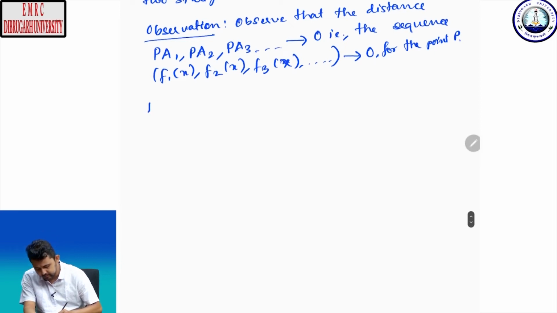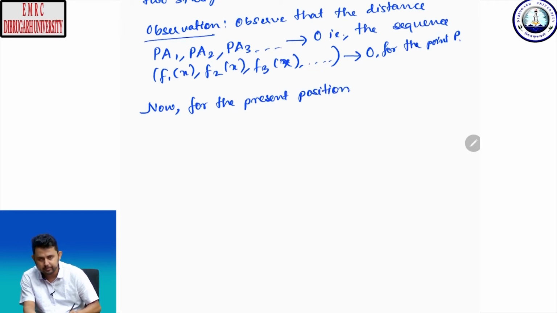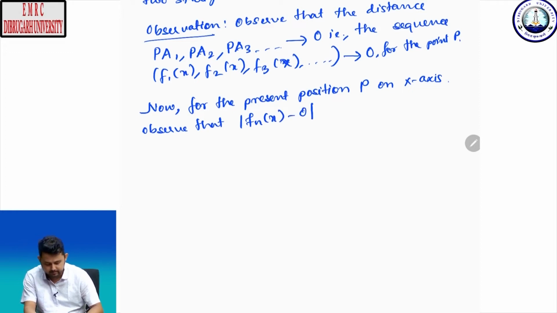Now, see that for the present position, P on x axis, observe that mod of fn x minus 0, the limit function 0, this is less than epsilon, and this happens only after capital N equal to 3, right.